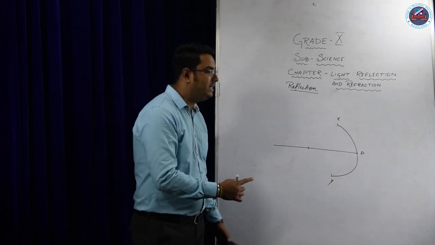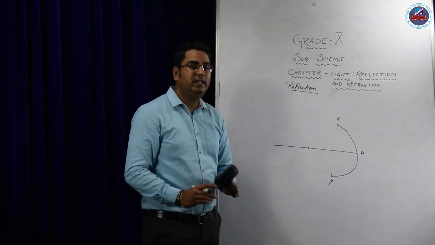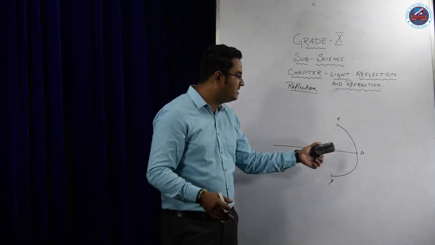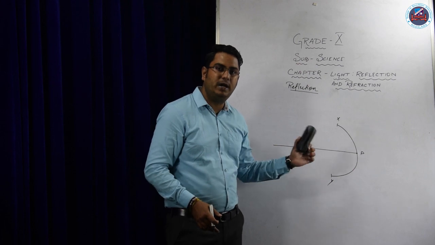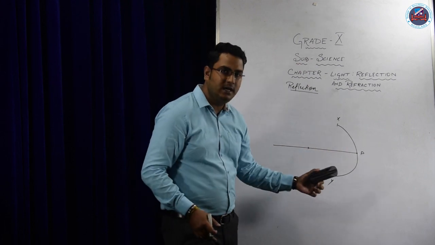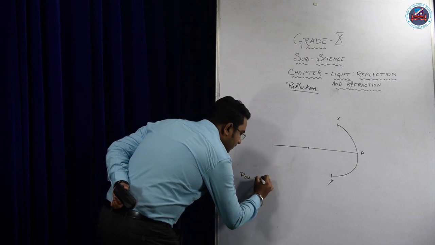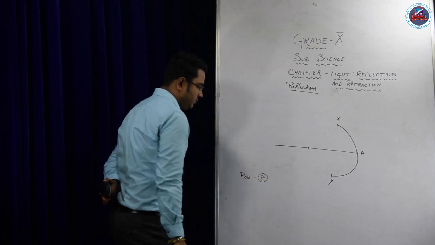It has bisected the whole mirror into two equal halves. Now the point where it strikes the surface of the mirror is marked as P, and this P is called the pole of the mirror.